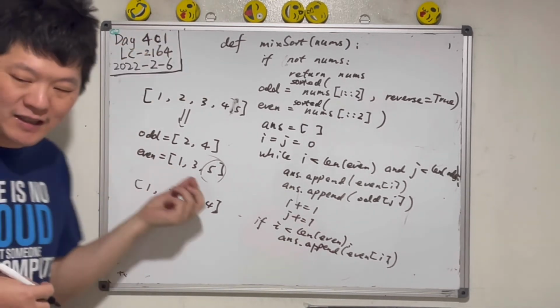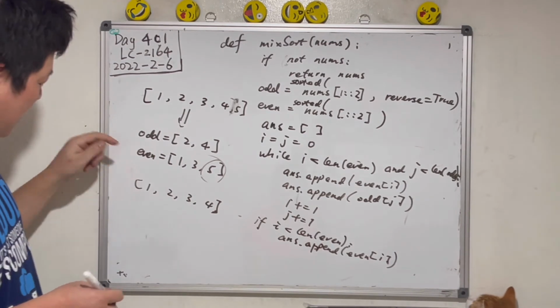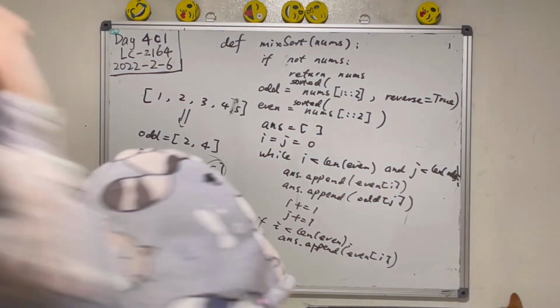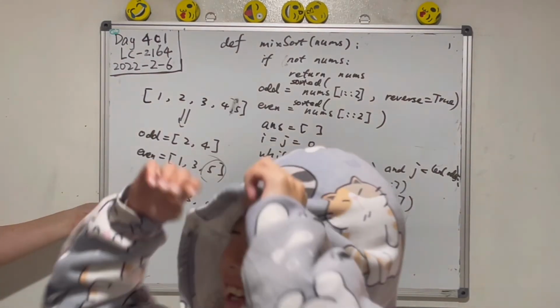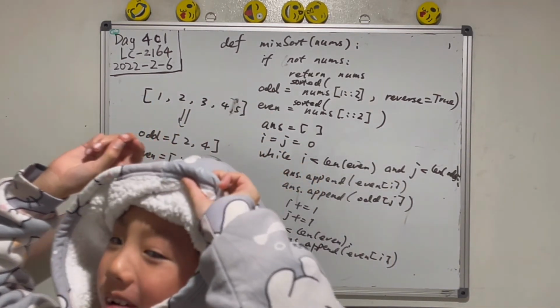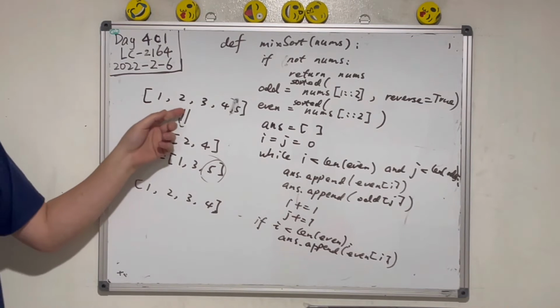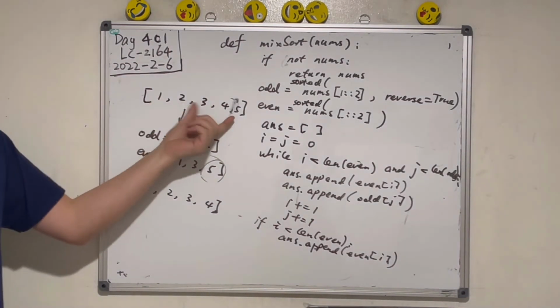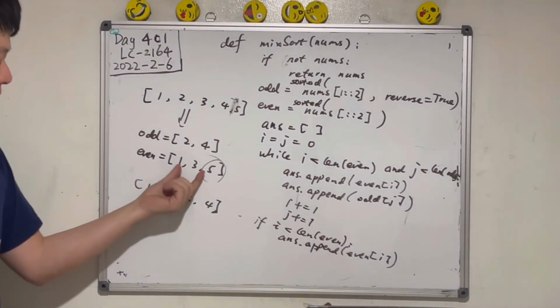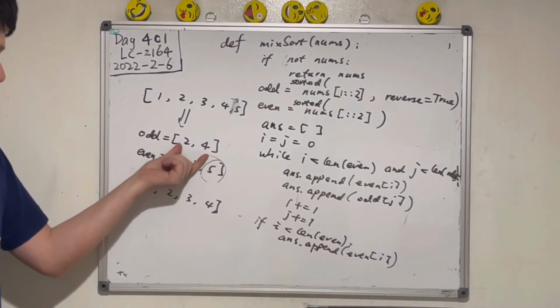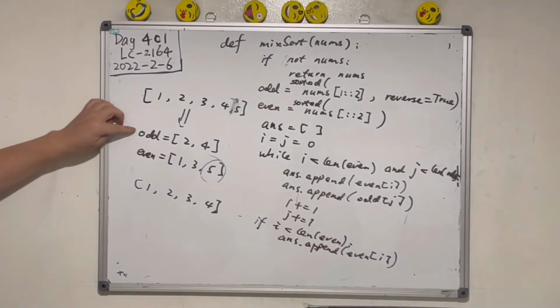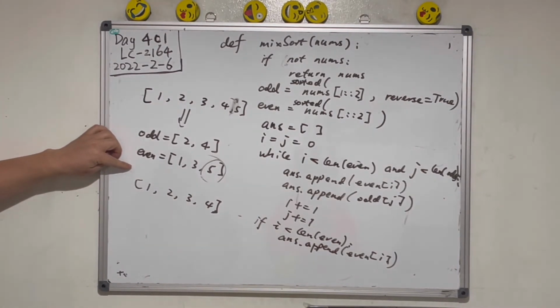It does not mean even numbers. One question is, if the array has 5 numbers, then we have 3 numbers at the even indices and 2 at the odd indices, right? Is it possible the odd has more elements than the even?